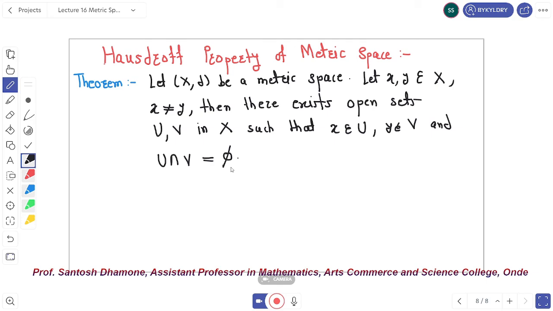This implies that y belongs to the open ball about y with radius r by 3, which is equal to V. We will show that U intersection V is the empty set.